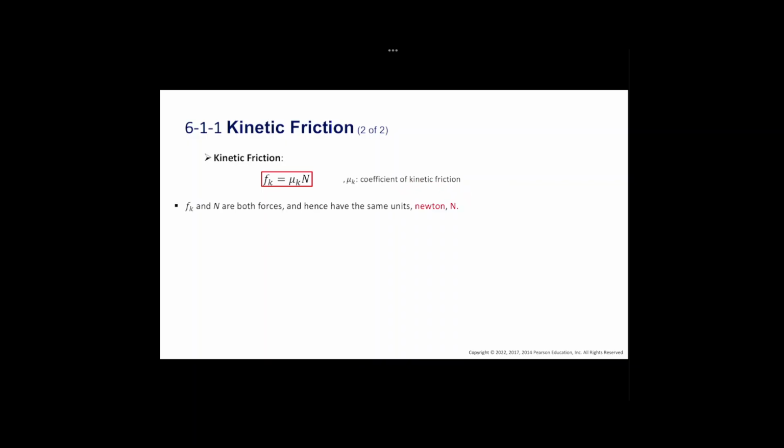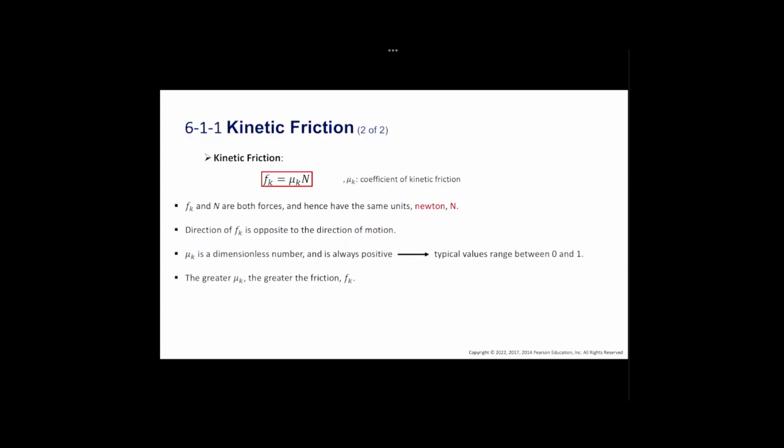Now Fk and N, the kinetic friction and normal force, are both forces and therefore they have the same units of force, which is Newton. And according to the definition of kinetic friction, the direction of kinetic friction should be opposite to the direction of motion. And the coefficient of kinetic friction mu k is a dimensionless number and it is always positive, ranging between 0 and 1.